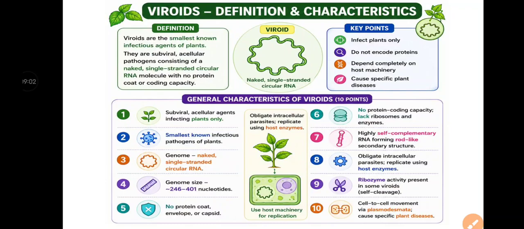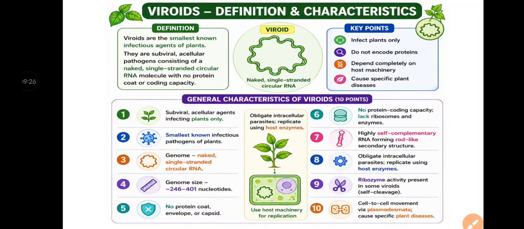Then the most important thing, movement of plant viroids. This we will discuss in another slide in detail. Just for your knowledge, this small viroid passes from one cell to another cell through the plasmodesmata, for the spread of disease.